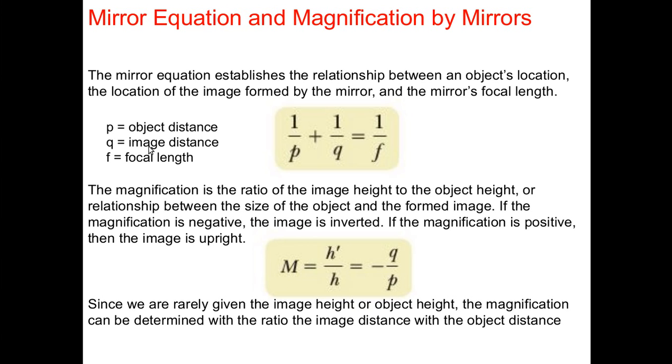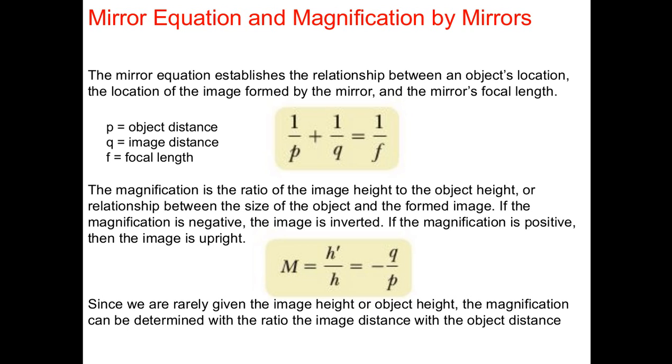Lowercase q is the distance the image is formed from the mirror. And lowercase f is our focal length. This formula is very nice because we can use it for thin lenses as well. So this formula is applicable to our mirrors and our lenses.